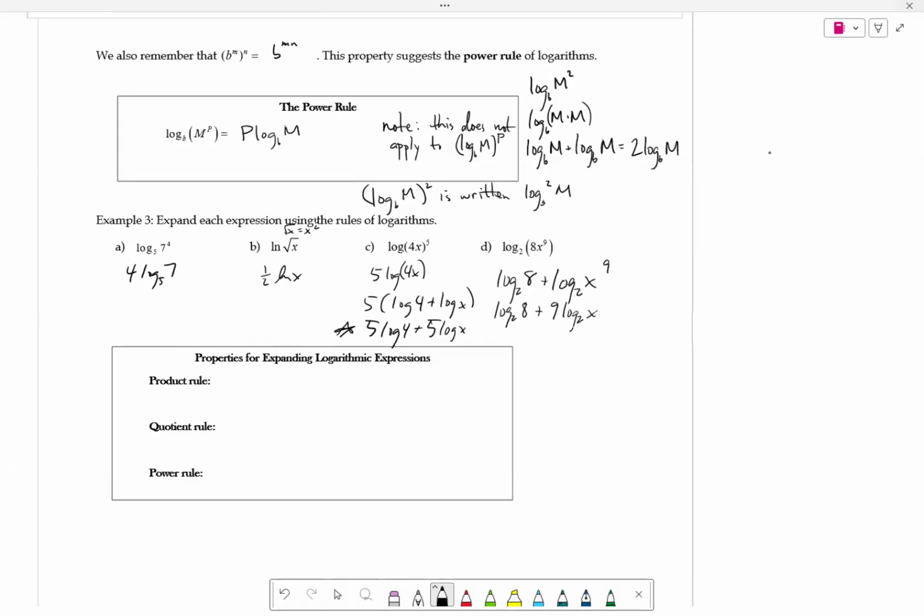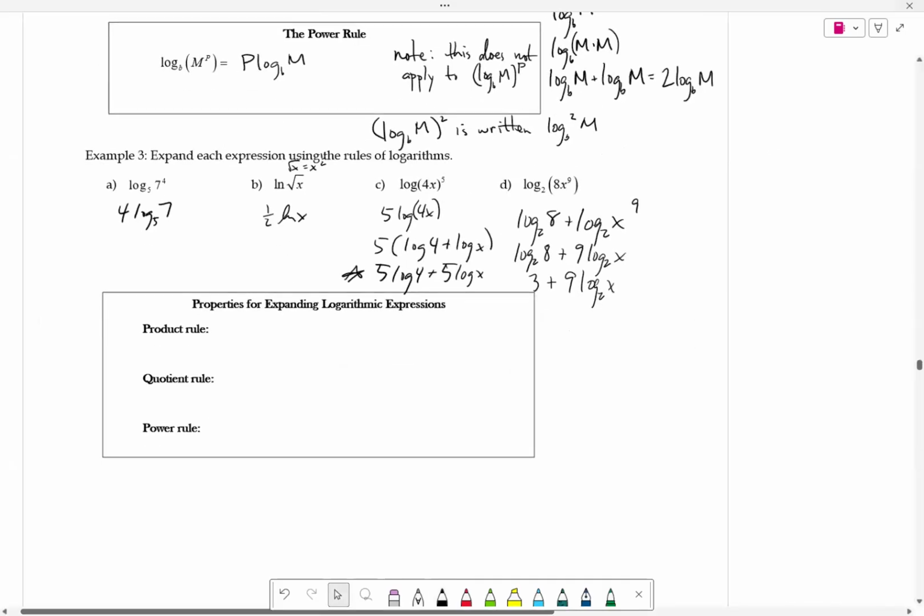So we have expanded, but I think maybe some of you may have spotted something. Did you spot it, yeah, Ella? Yeah, we could still simplify a little bit more. Now, the instructions did say to just expand the expression using the properties. But it would always be appropriate to simplify when possible in your expansion. We're good?